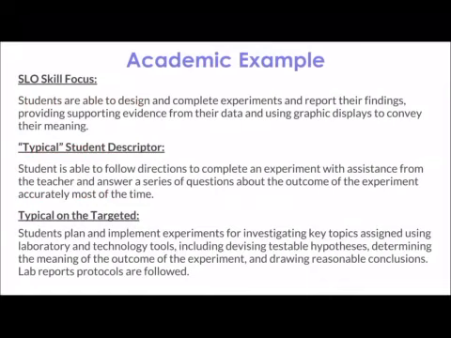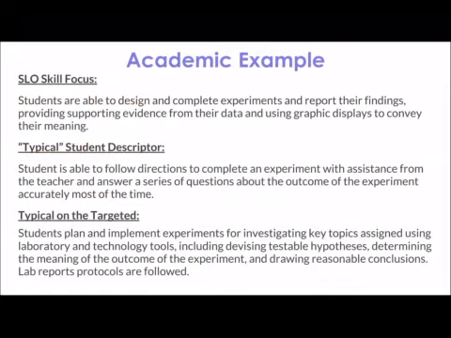Now, after a full year of doing labs, of working with the teacher, of having modeling and going through the learning process and having effective instruction, at the end of the year a typical student on the targeted skills profile is described as: students plan and implement experiments for investigating key topics assigned using laboratory and technology tools, including devising testable hypotheses, determining the meaning of the outcome of the experiment, and drawing reasonable conclusions.